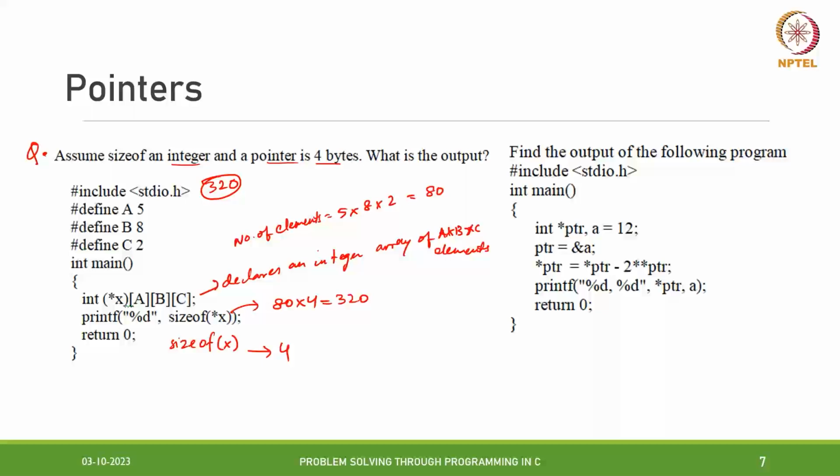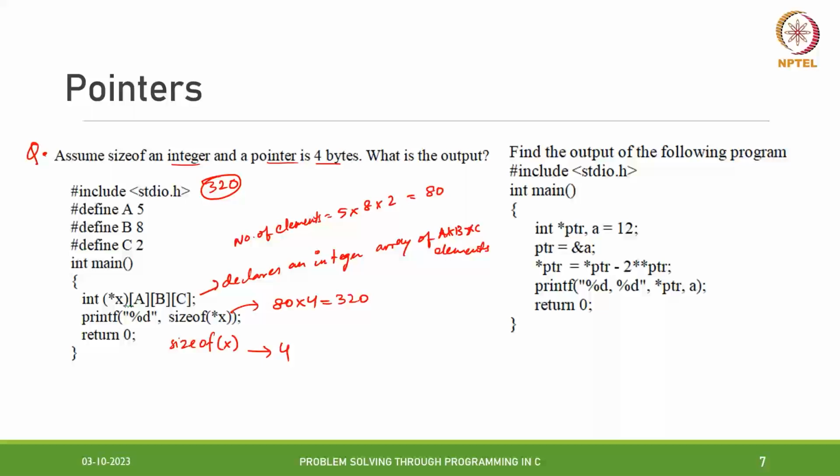No, it is a declaration of an array, like an integer array, not a pointer of type integer. It is a declaration of an integer array. So you can try it out. The star here basically does no work, because you are saying that this x is going to be a pointer to an integer array.